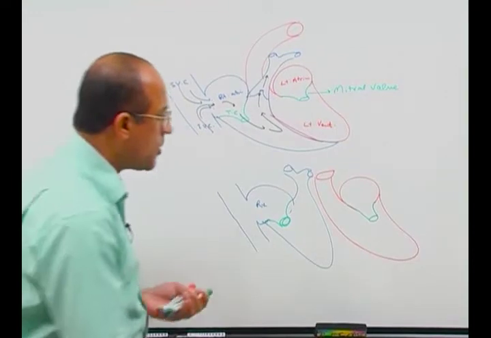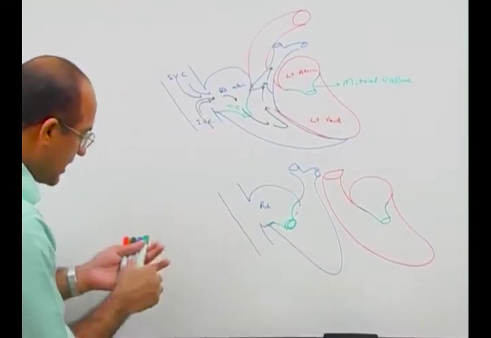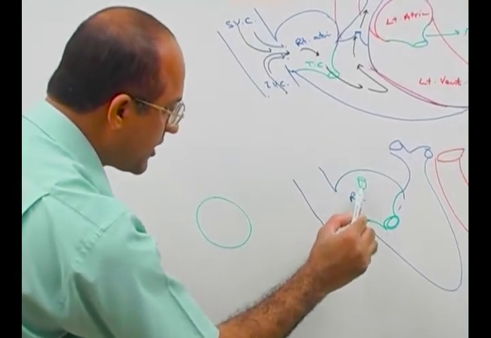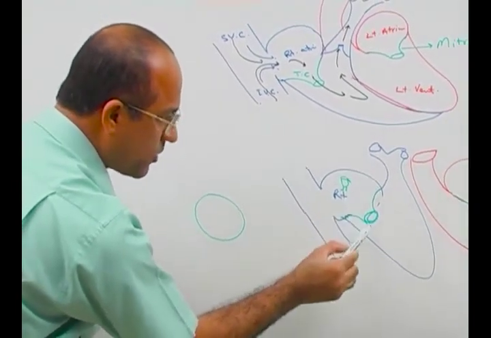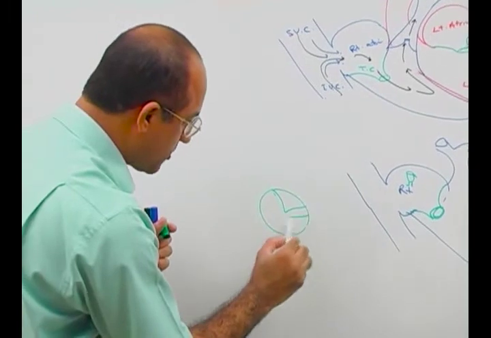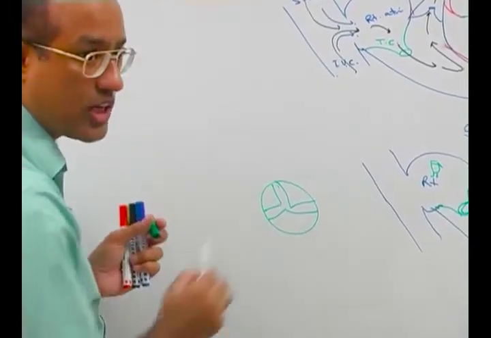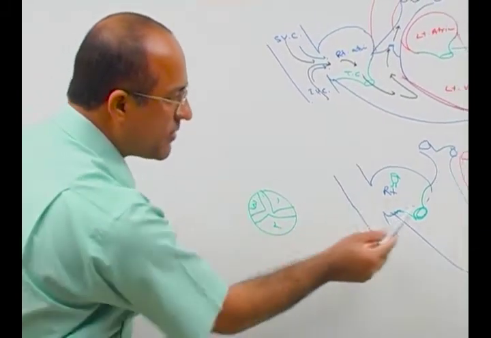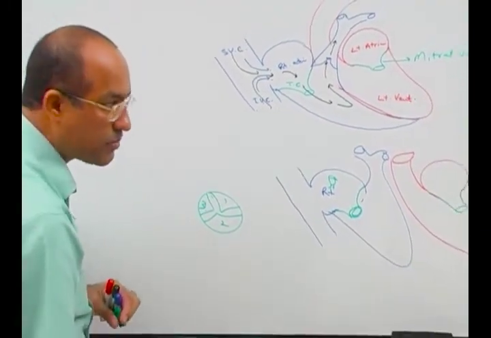And why do we call it the tricuspid valve? Let's have a look at this valve. If you are standing here and you look down on this valve, it has 3 cusps, 3 leaflets. Because it has 1, 2 and 3 leaflets, this valve is called the tricuspid valve.